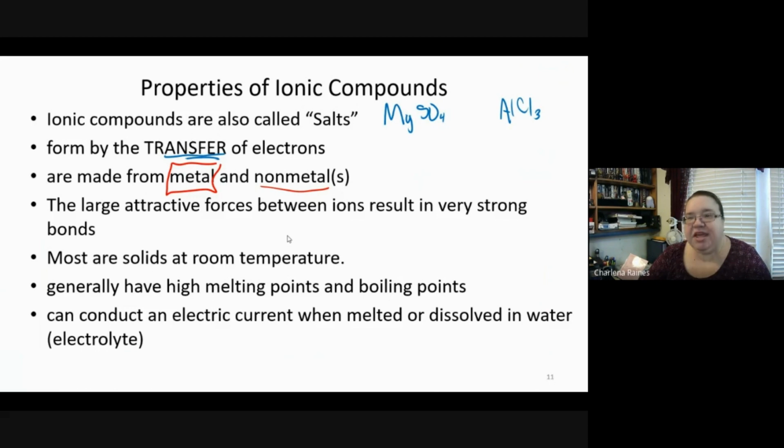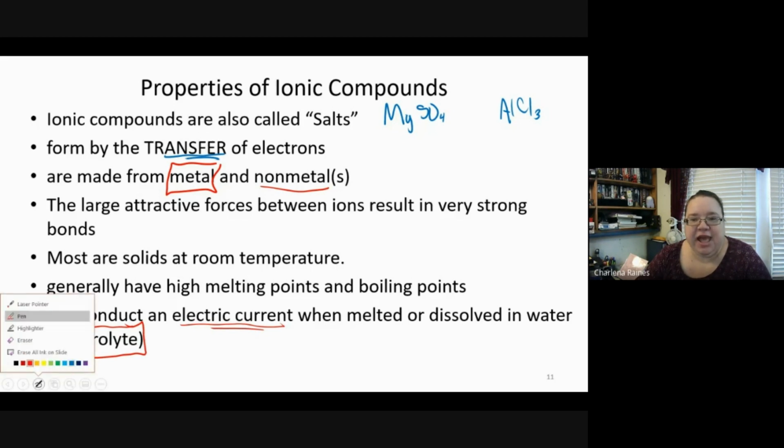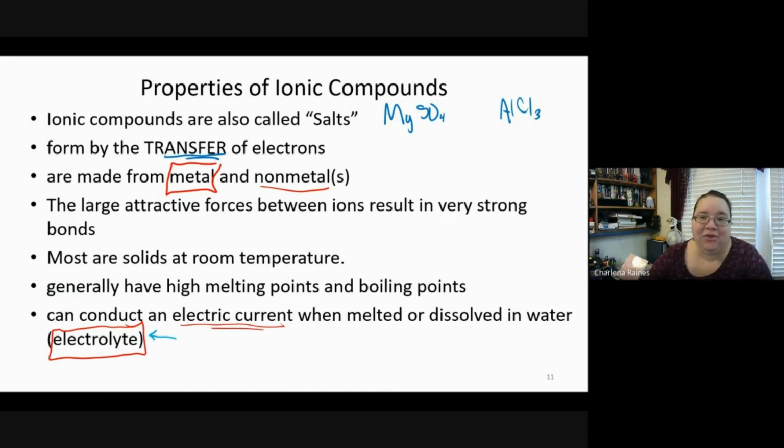Now, an interesting thing about most ionic compounds: when they are dissolved in water, they will conduct electricity. And this is really interesting, because it's where we get the term electrolyte. So those of you drinking a sports drink because it has electrolytes in it, well, that electrolyte is just a salt in your drink that allows your brain to conduct an electric current.